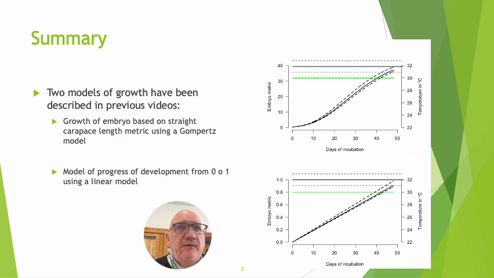We saw that we can model the development of the embryo using two different kinds of model: one, a Gompertz model using the straight carapace length as a proxy of the metric, and another, a linear model, that models the progression of development from 0 to 1.